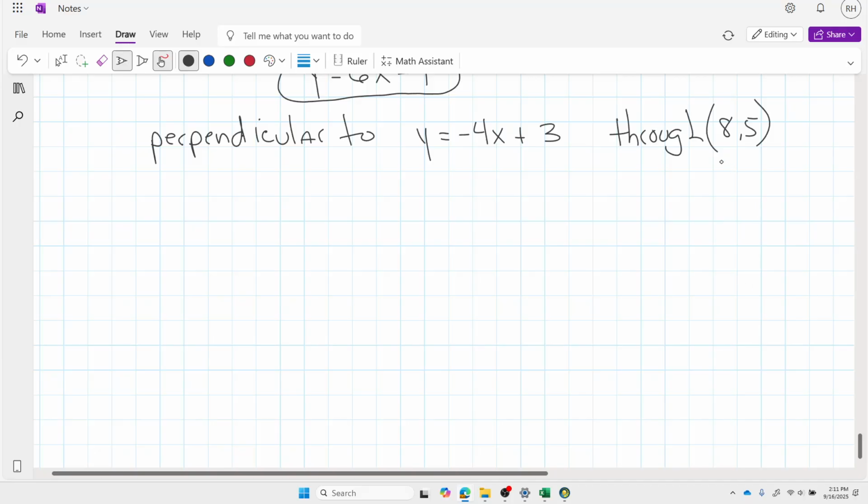So since we know a point and we know the slope of the new line, we write it in point-slope form first. So y minus 5 equals, what's the negative reciprocal of negative 4? 1/4 times x minus 8.